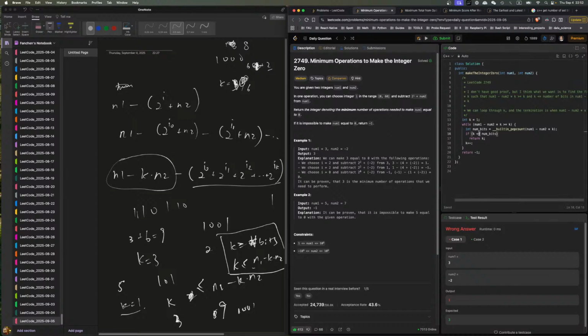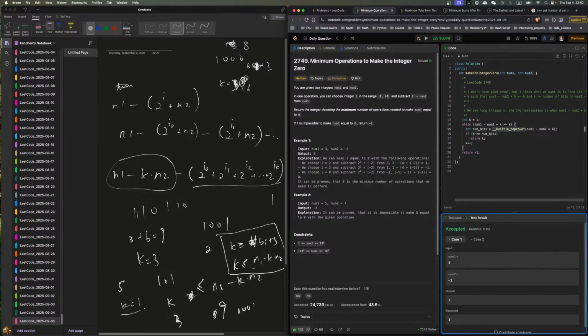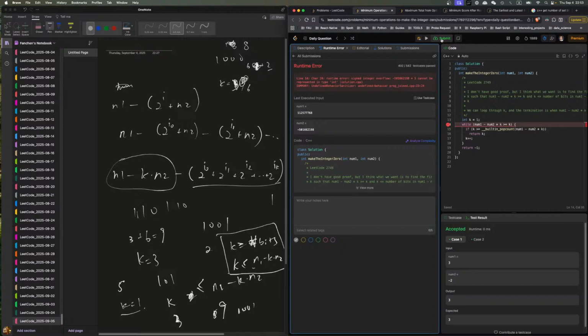Oh, this has to be larger or equal to, my bad. Why do this? I can just put it here, save another line. All right, we can try it. I feel like it should be right, but I don't have good proof.